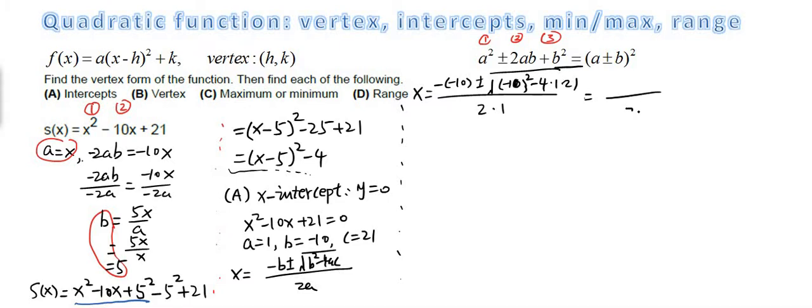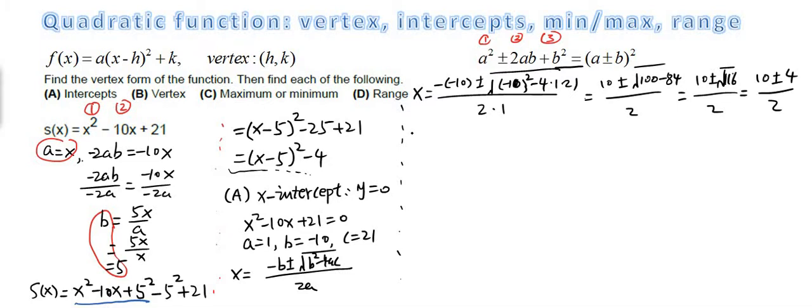So we have 10 plus or minus the square root of 100 minus 84, which is the square root of 16, and the square root of 16 is 4.